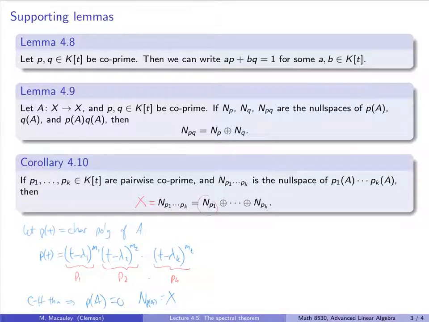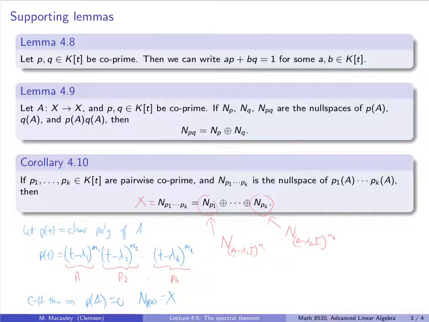N_{P_1} is the null space of A minus lambda_1 I to the m_1, and so forth, and N_{P_k} is the null space of A minus lambda_k times I to the m_k.